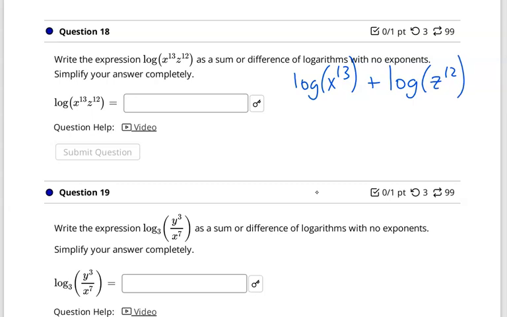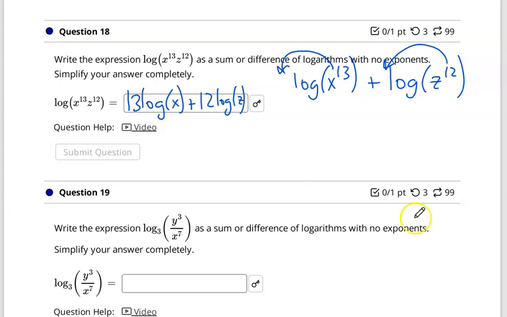And now the rule of exponents, that's 13 log x plus 12 log z. We got rid of our exponents. Remember, with logs, the exponent comes out to the front. And that gives us that. No more to break apart.